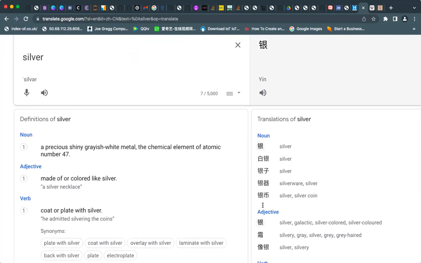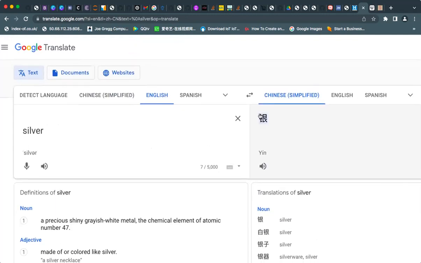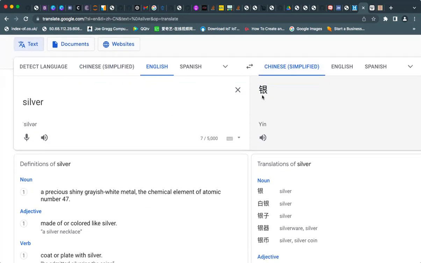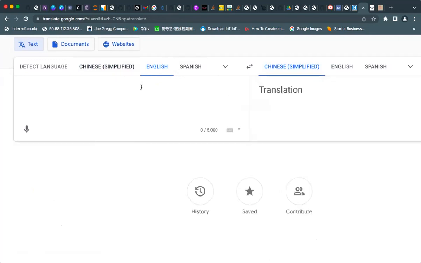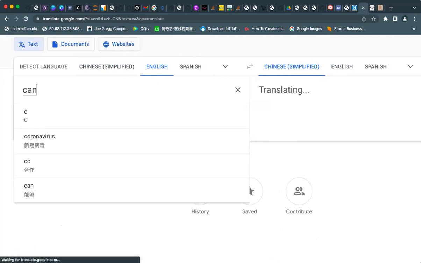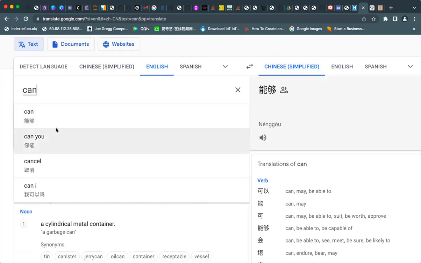You might not pick out exactly what the word is, but because you know the radical for metal, that saves you a lot. There's some sort of metal being mentioned. So that was a little bit of a digression about the use of radicals.